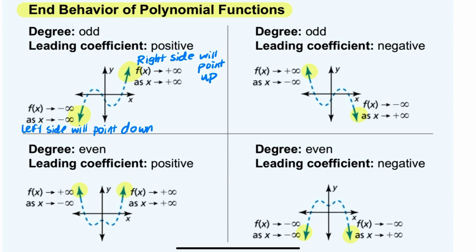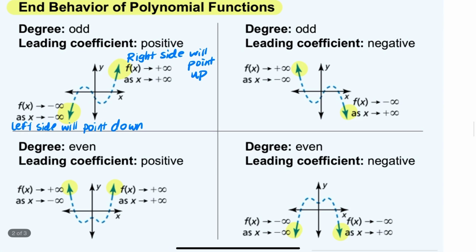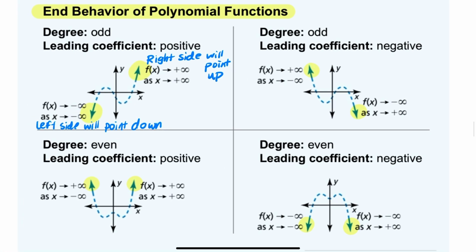So at the top of this chart, you'll be looking at odd degree polynomials. Okay. Odd degree polynomials are always going to have two opposite facing ends. So if the left side is pointing down, the right side will point up. If the left side is pointing up, then the right side will point down.